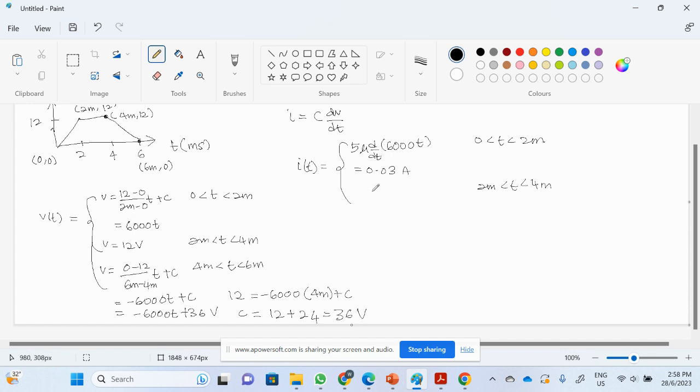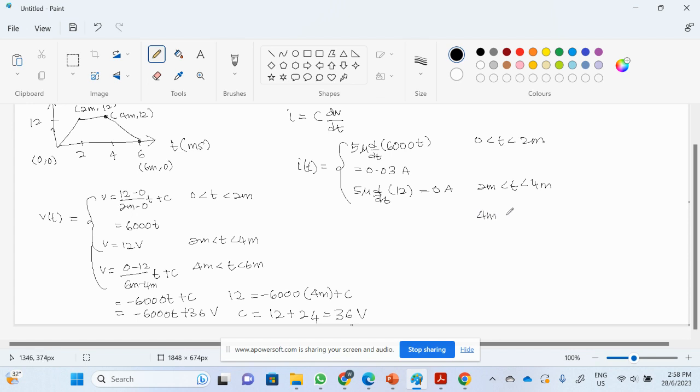For 2 mili to 4 mili, 5 micro d/dt of 12 volt. The differentiation of the constant is 0. So 5 micro times 0, you will get 0 ampere lah.